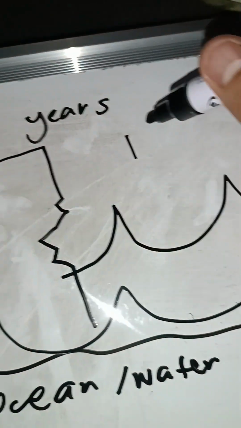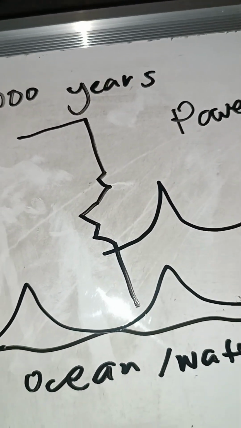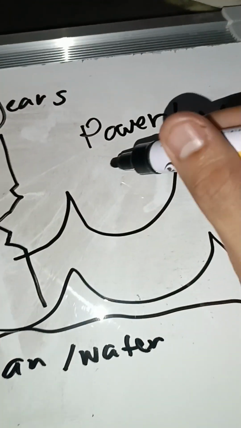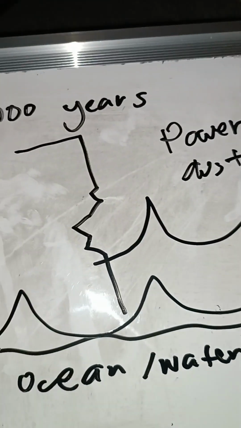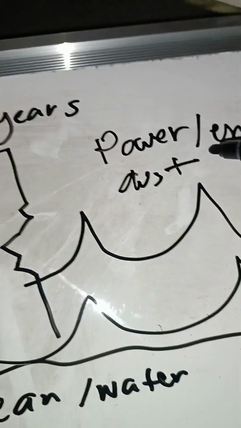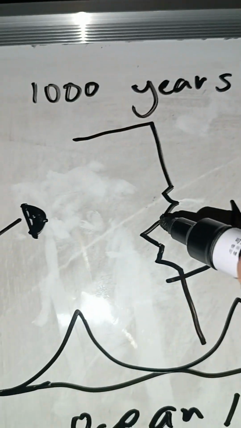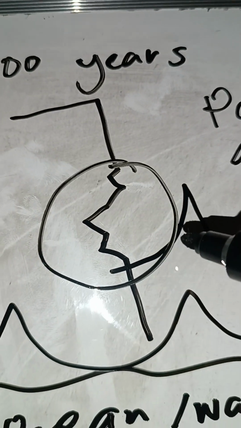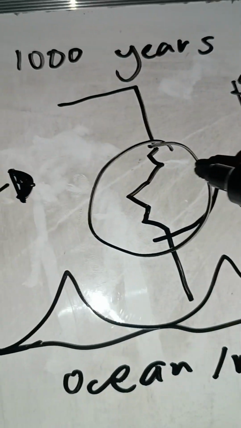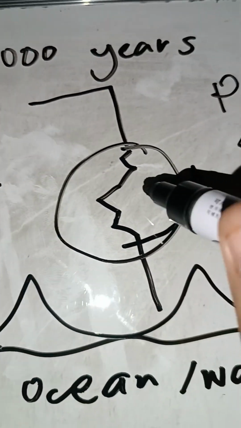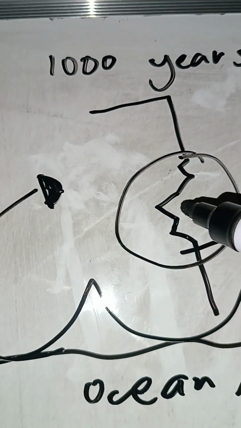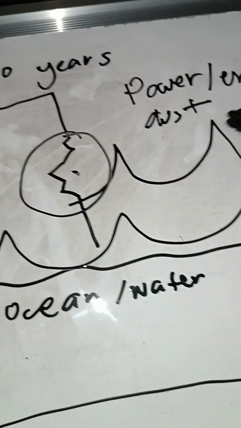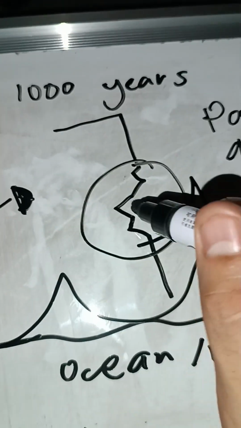The wave carries power or energy, and along with this wave it carries dust or sedimentary particles which hit this part of the cliff. And when the wave hits the cliff, it creates a vacuum inside between the concave part of the cliff and the wave.